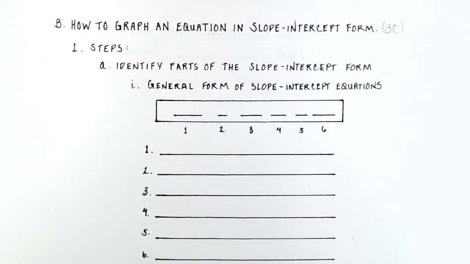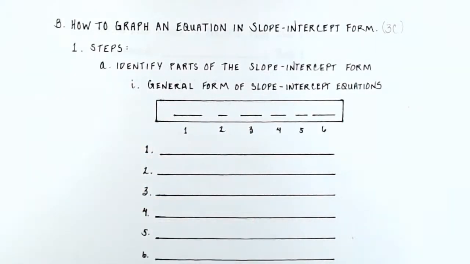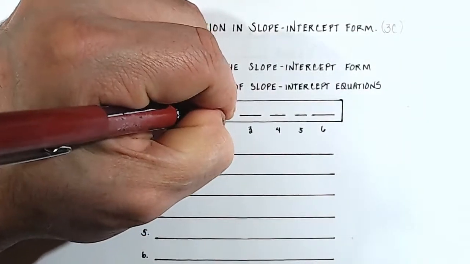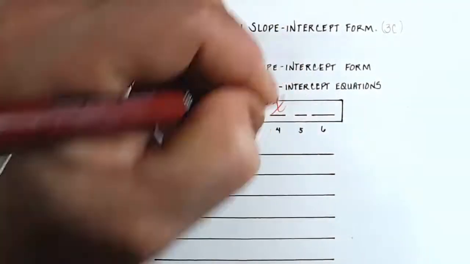As you'll see, we already know most of this. How to graph an equation in slope-intercept form. So here are the steps. First, we identify parts of the slope-intercept form. The general form of the slope-intercept equation is y equals mx plus b.